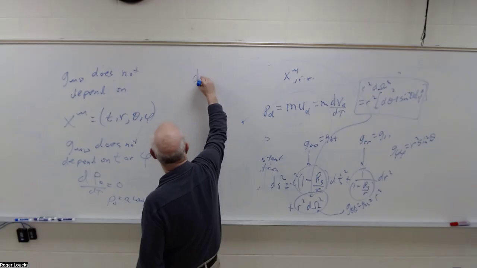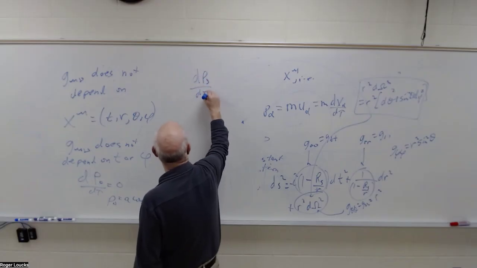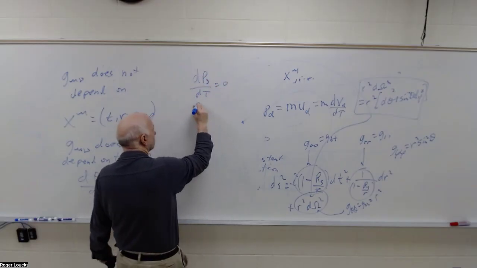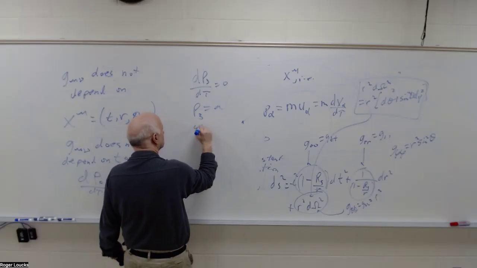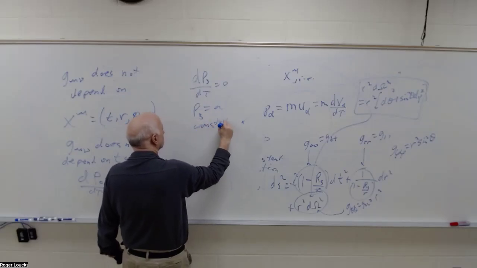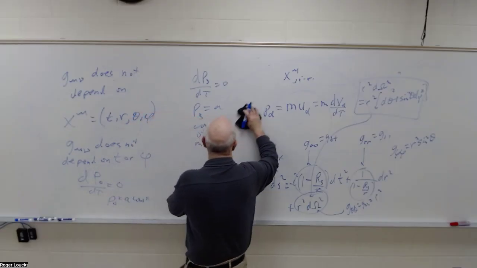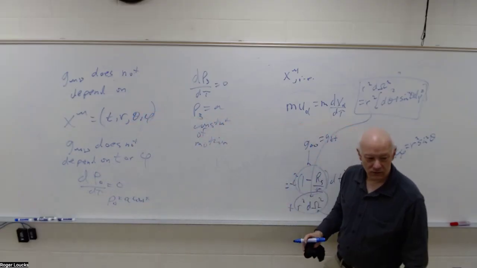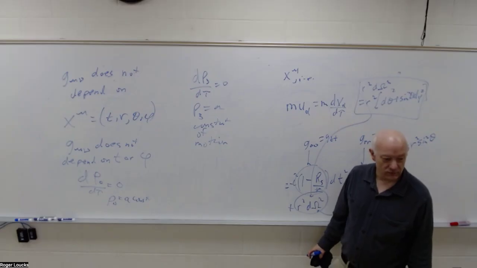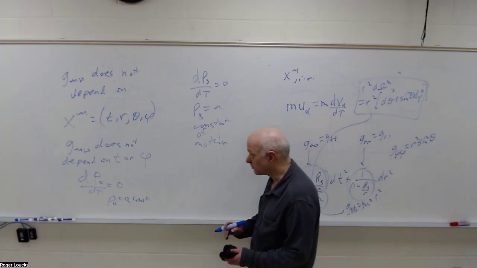And then we have d p3 d tau equaling 0. In other words, p3 equals a constant of motion. And that's going to give rise to conservation of angular momentum.